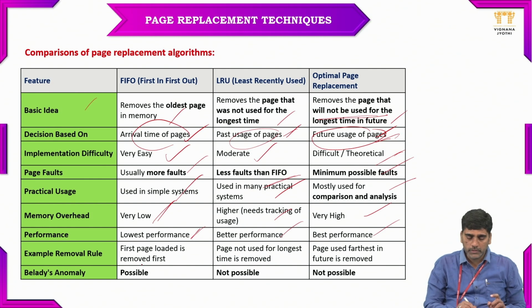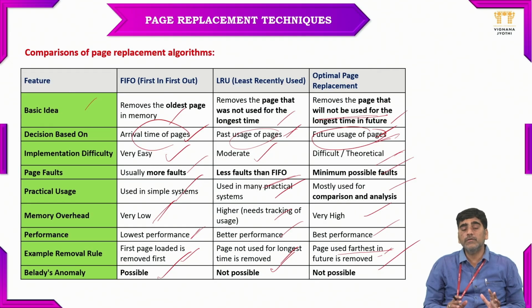For the example removal rule, first in first out removes the first page loaded, LRU removes the page not used for the longest time, and optimal removes the page used farthest in the future. And for Belady's anomaly, it is possible in first in first out, and not possible in the other two.